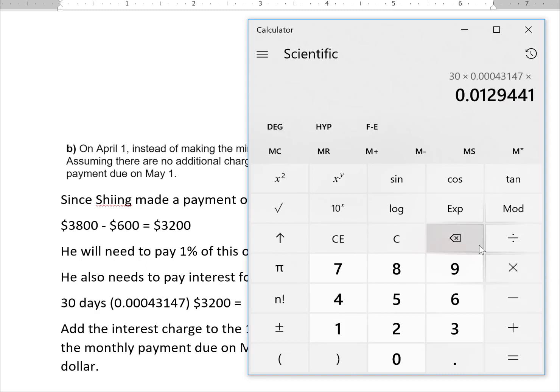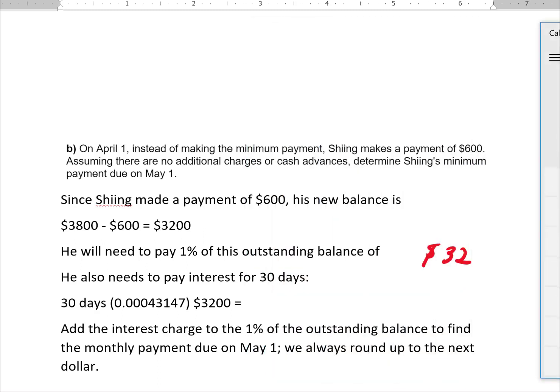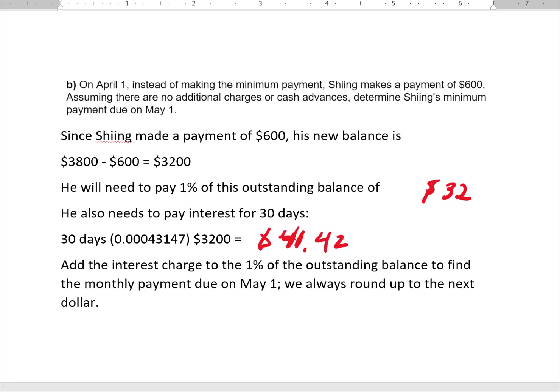And I'm going to multiply by the outstanding balance, which was $3,200. And I get $41.42. So the interest that he has to pay is $41.42.